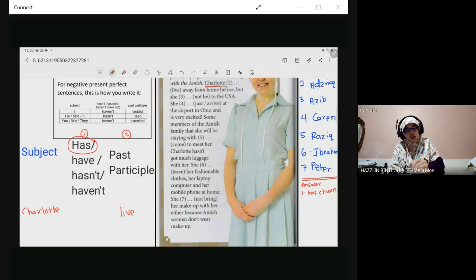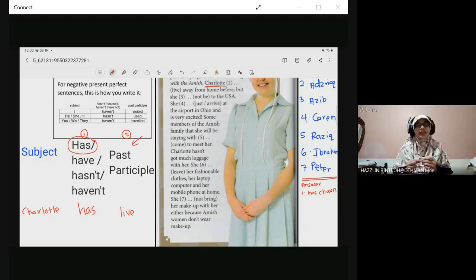Okay, so Charlotte has. Now we also need to include the past participle. What is the past participle of live? Can somebody give me the answer?